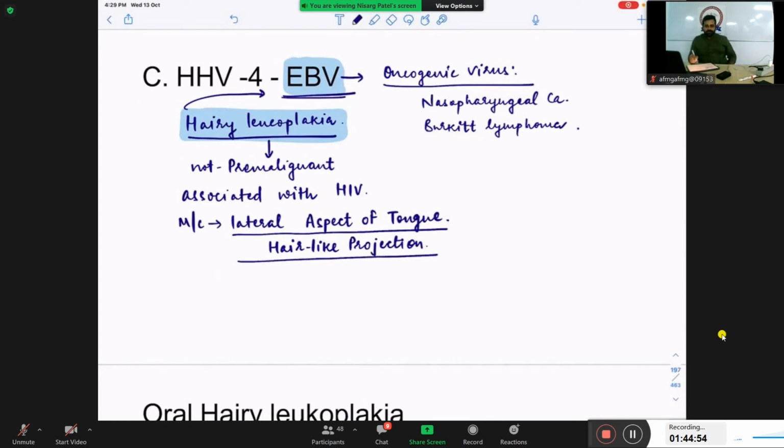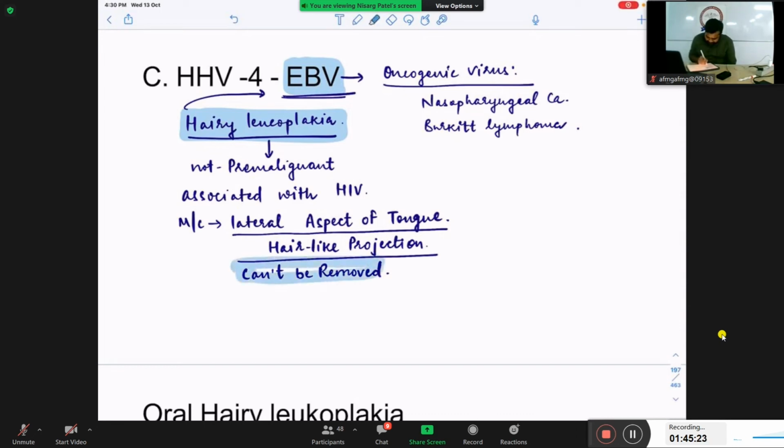This will also be a whitish color, but how to differentiate it from candida? It can't be removed. So in your exam, if they say a white plaque which can be removed with the help of a spatula, that white color is candida. If it cannot be removed, it is oral hairy leukoplakia.